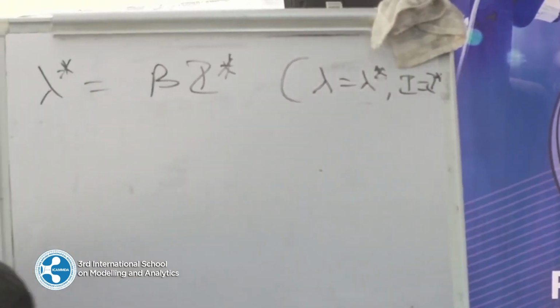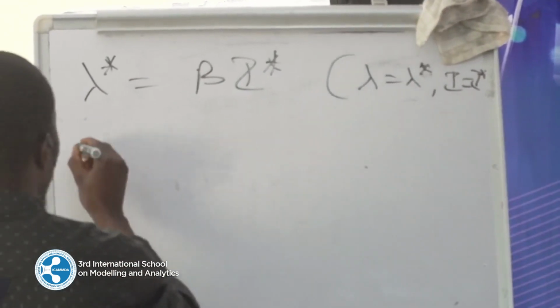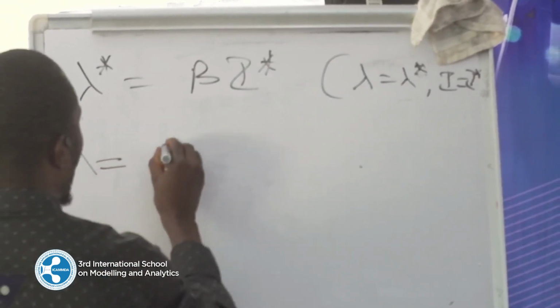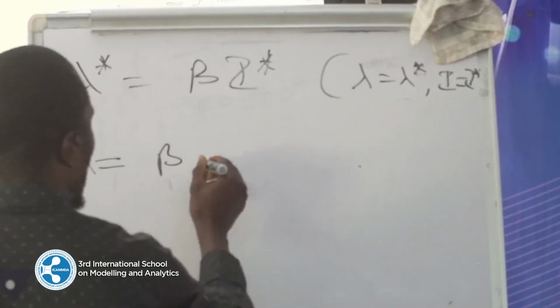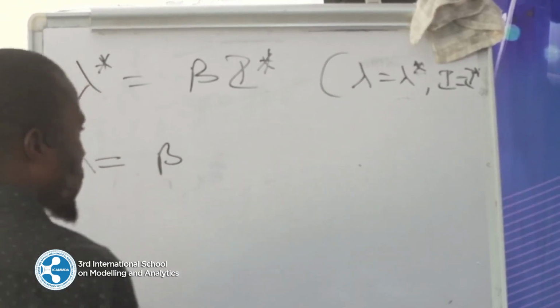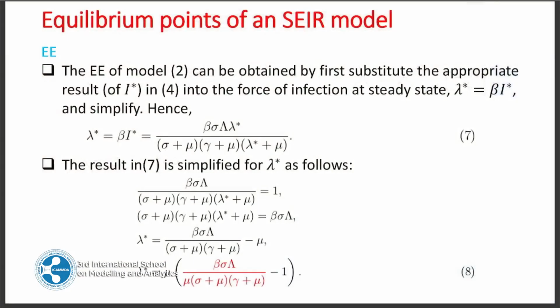If I retain that, I have lambda equal to beta times I. What is I? Can I have the result for I from the slide?